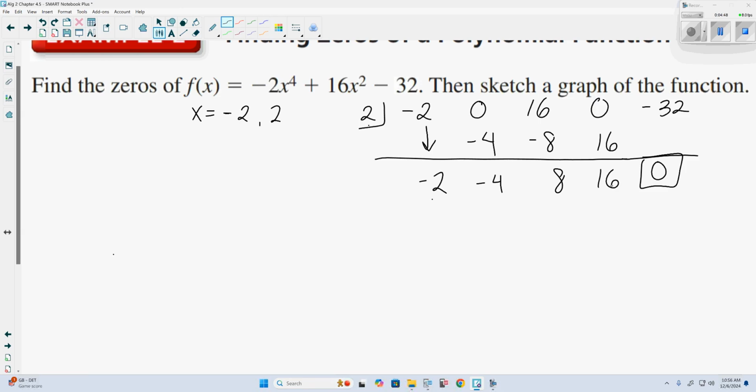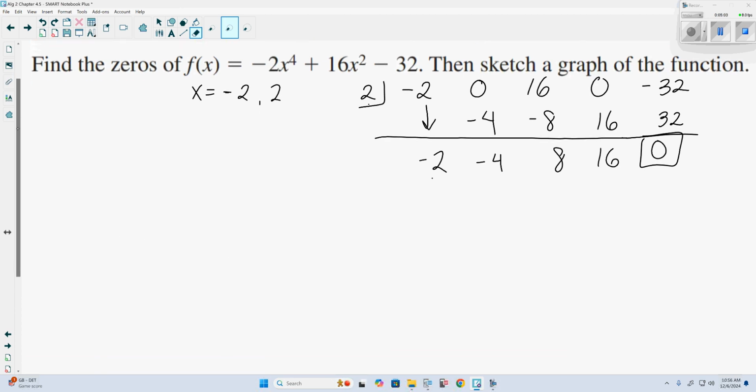And again, we multiply our 2 times 16, which is 32. And negative 32 plus 32 is indeed 0. So what that's telling us is that 2 is one of our solutions.